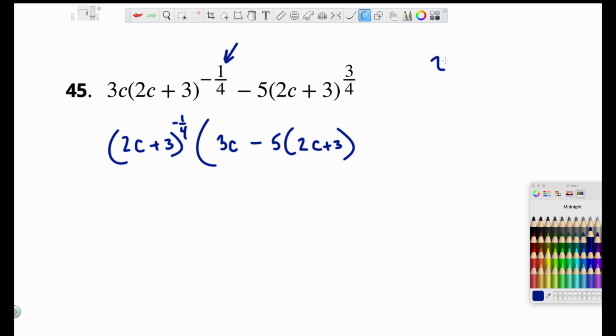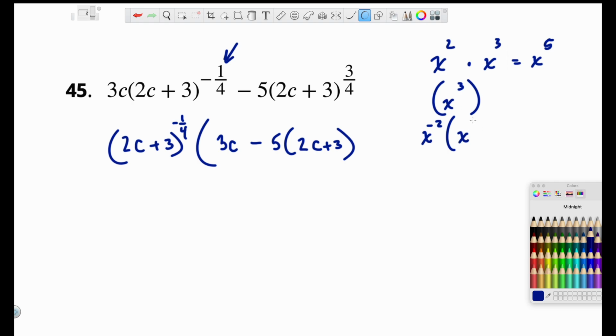Okay, but let's review really quickly here. If I have x squared times x to the 3rd, I get x to the 5th, right? It's my product rule right there. I add the exponents. What if I have x to the 3rd and I factor out a negative 2 out of that?